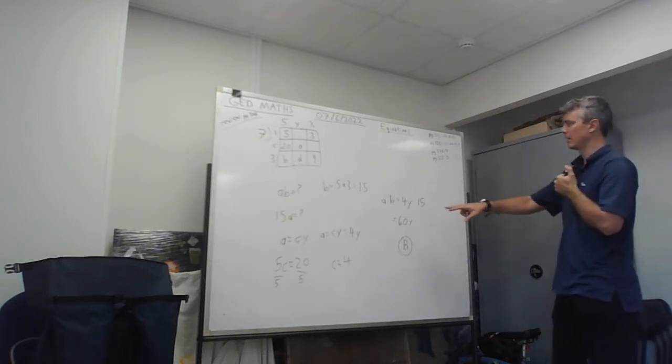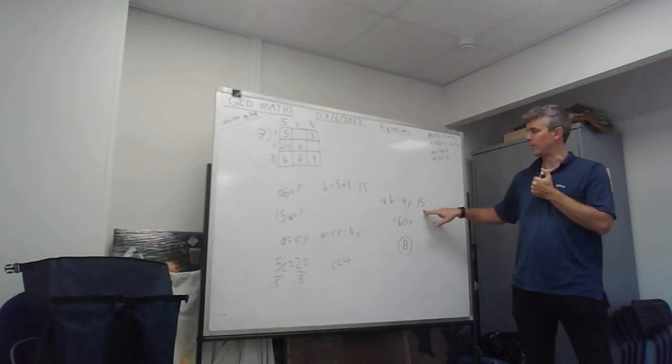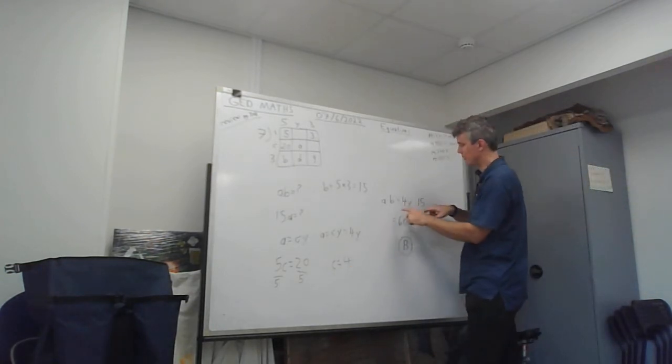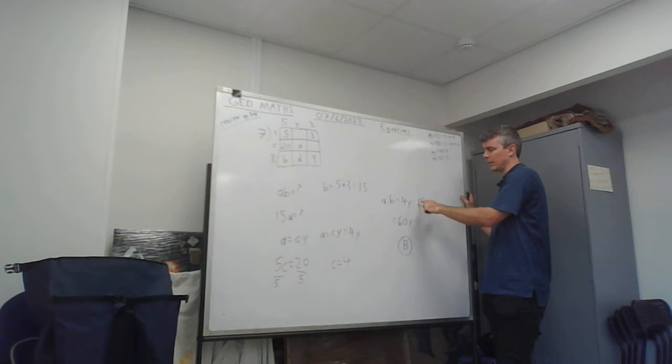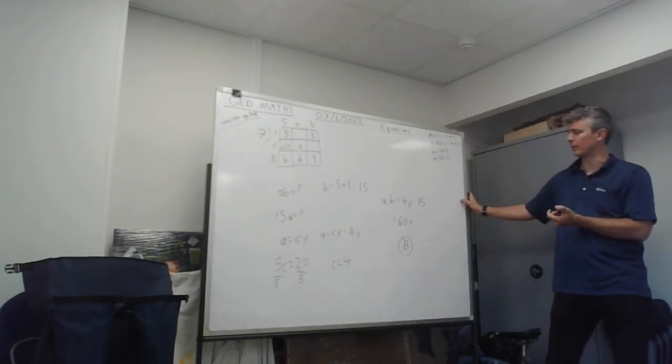Yeah, you could say A times B equals CY times 15. But we already figured out that C is 4. So it's 4Y times 15. And then when it's 4Y times 15, I'm multiplying the coefficients. So 4 times 15 is 60. So that's how I got 60Y.